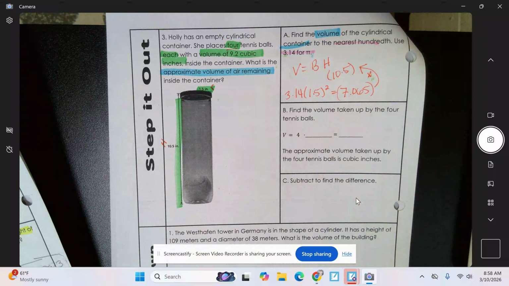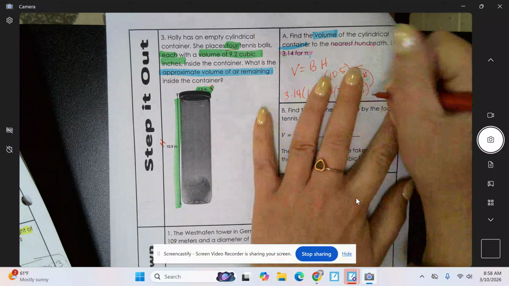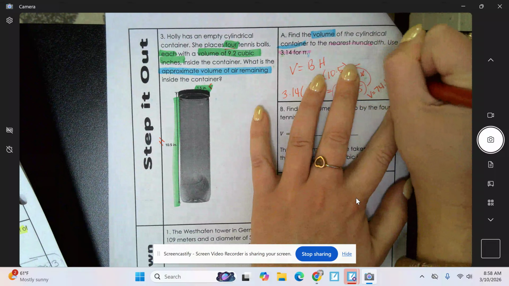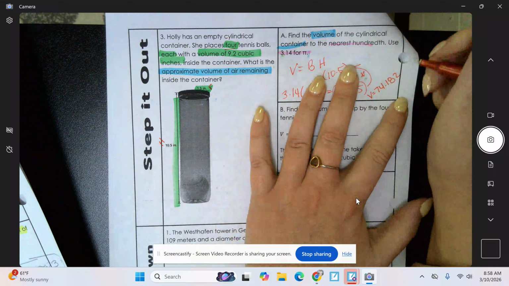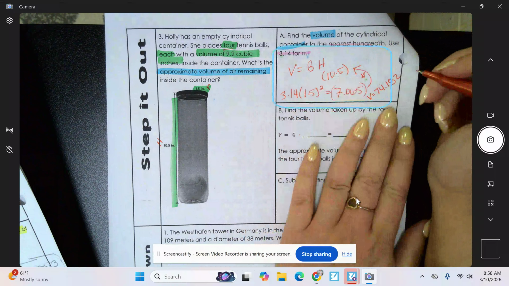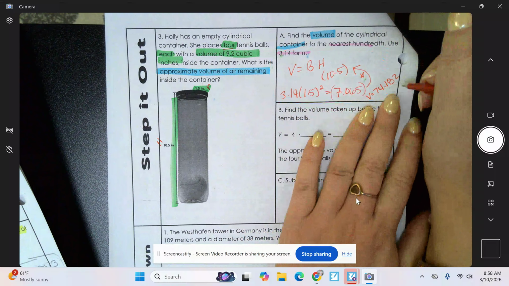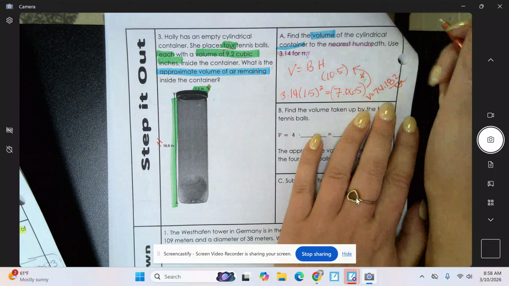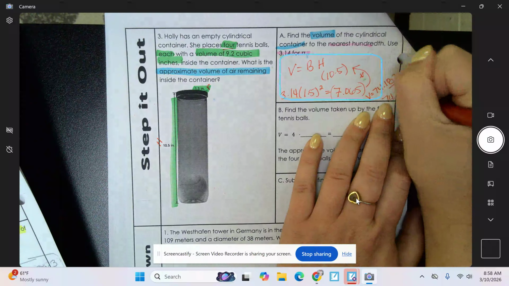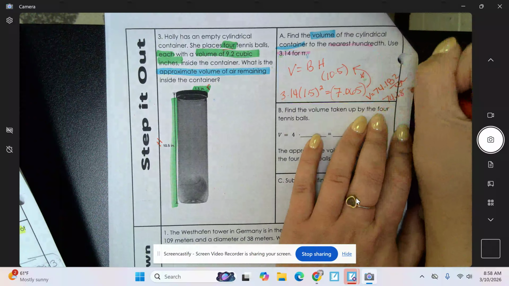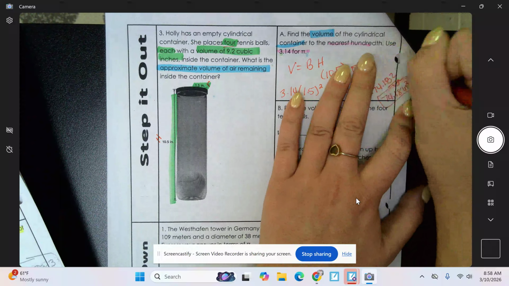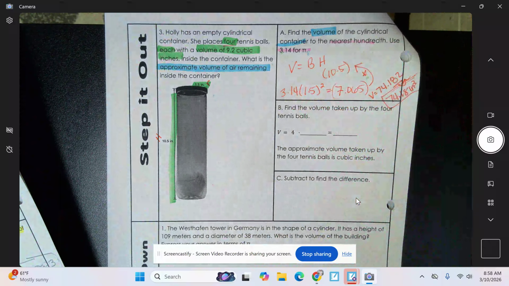And your tennis ball container is what, Demiria? 0.182. Okay, and you round it to the nearest hundredth. What digit's in the hundredths place? 8, so the 8 looks to the 2. It stays the same. So 174.18 inches. So that's how much the container can hold.